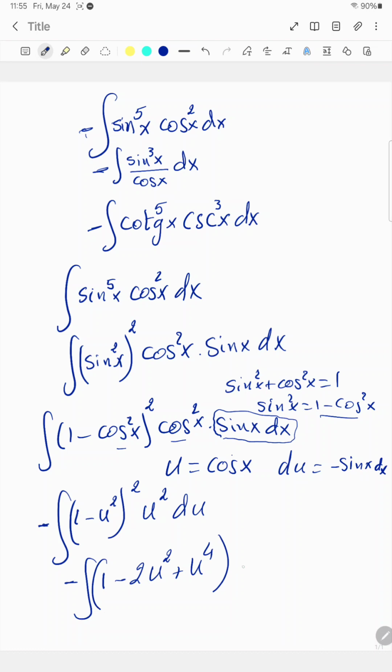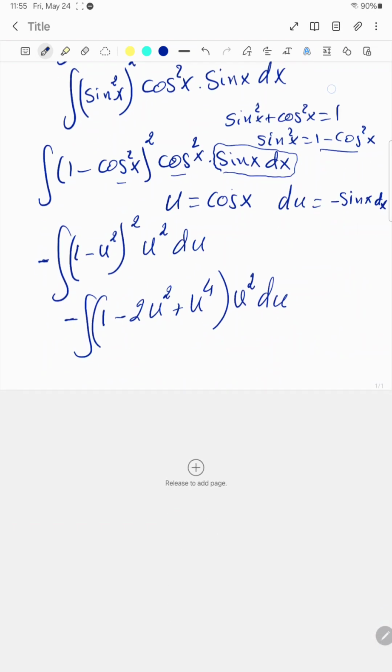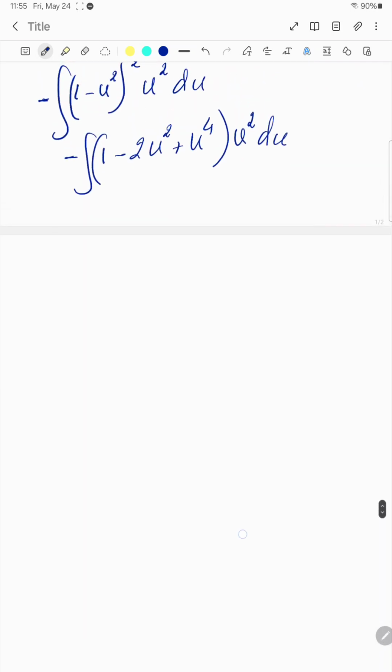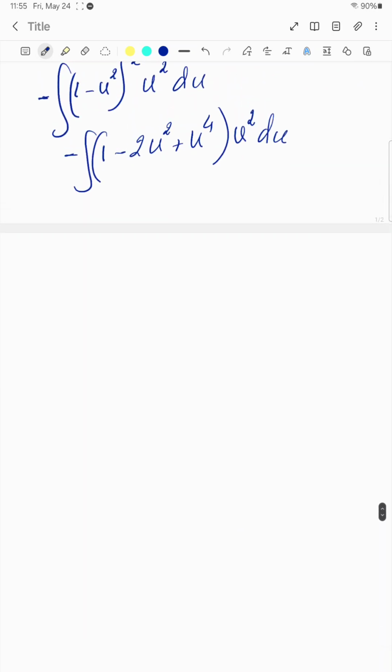And all that is multiplied by u to the power of 2 du. So now let's multiply u squared by everything inside the parentheses. So this is equal to minus the integral of u squared minus 2u to the power of 4 plus u to the power of 6, all that du.